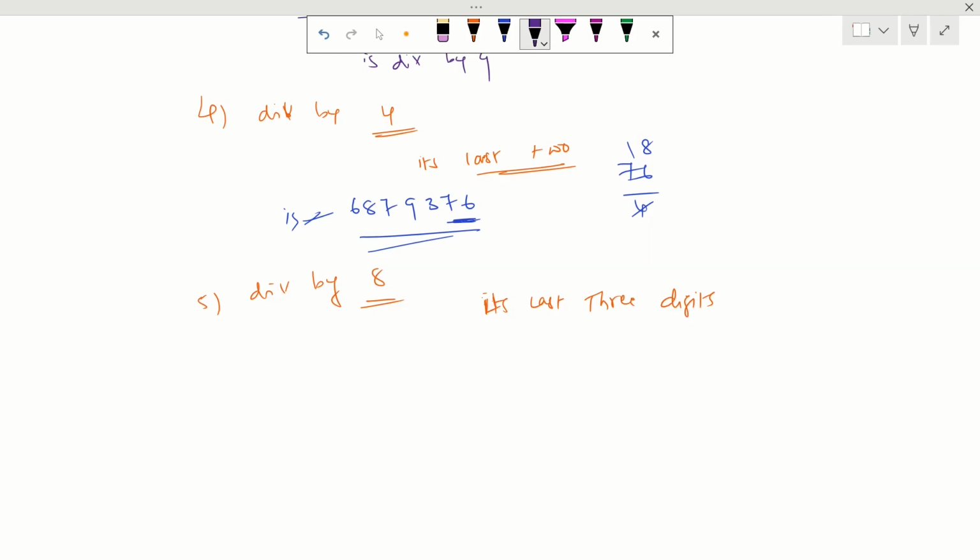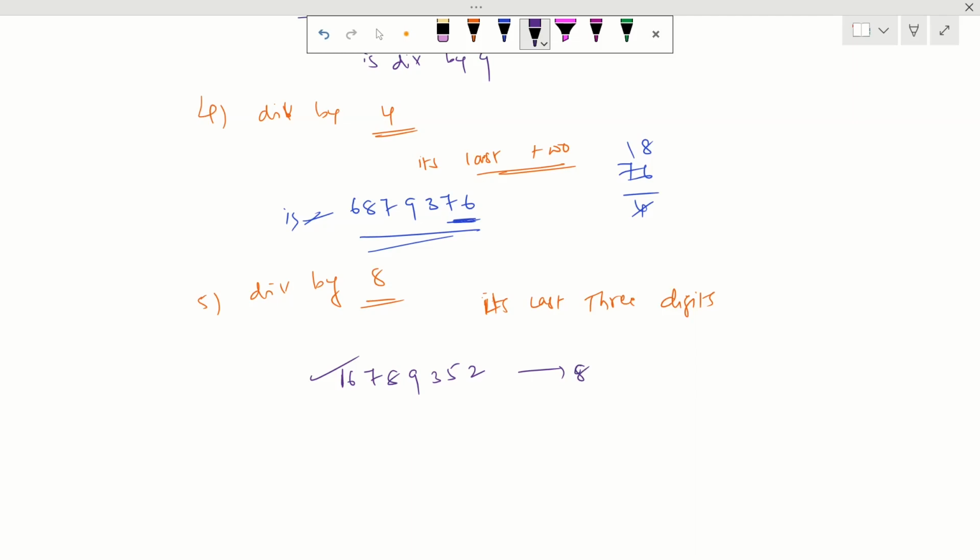Suppose any number is given, I will say here 16789352. We have to check whether this number is divisible by 8 or not.